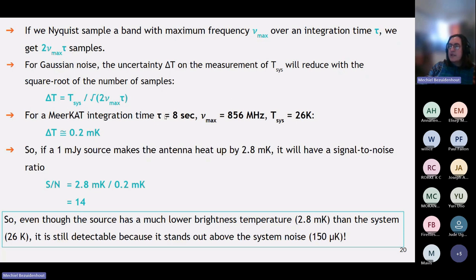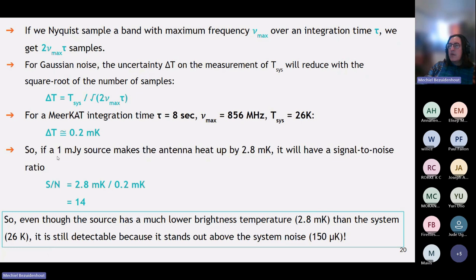If we have a MeerKAT integration time of 8 seconds, which if you remember is the minimum dump time of MeerKAT, a maximum frequency of 856 megahertz, and a system temperature at 1.2 gigahertz of 26 Kelvin, that gives you an uncertainty on the system temperature of about 0.2 millikelvin.